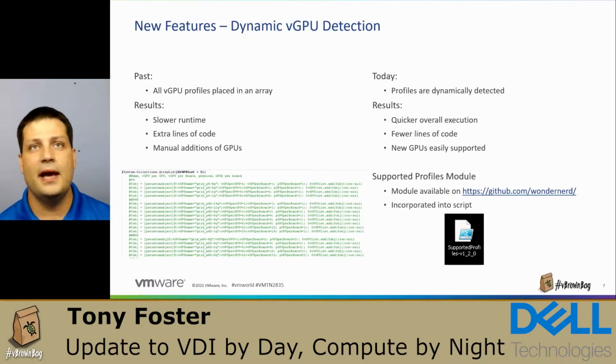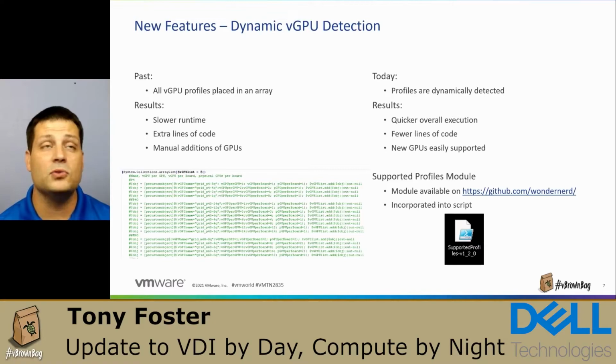With comments and everything, the code works out to about 160 lines for dynamically detecting profiles. If I were to strip out all the comments, it shrinks significantly to around 70 lines or so. So it's a really powerful tool that hopefully will make things a lot better in the environment. This is a supported module.